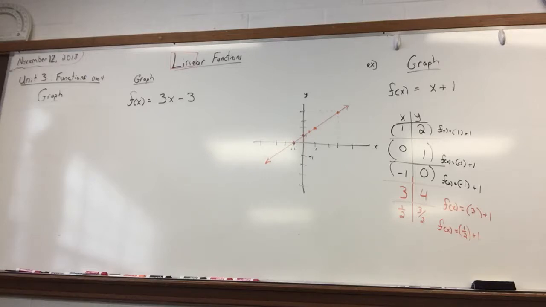So you need to pick 3 numbers for x. What are the easiest numbers to pick? Negative 1, 0, and 1. So go ahead and do that, and then solve for those numbers, okay?